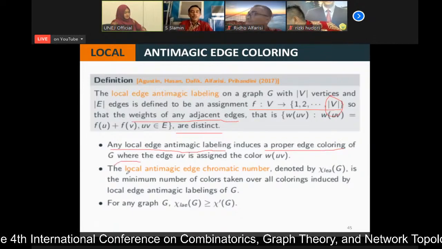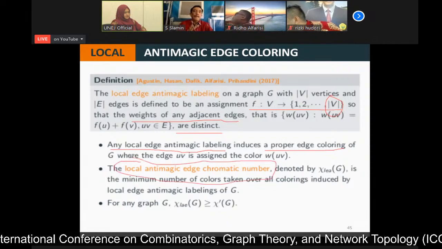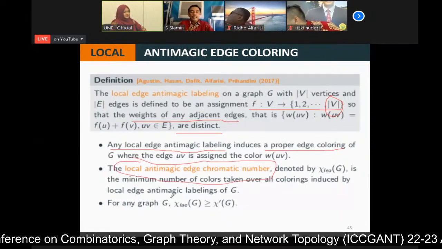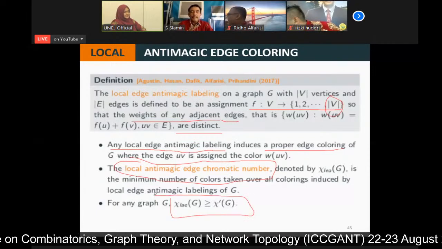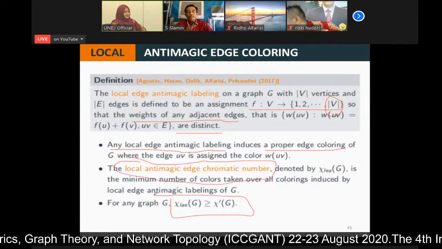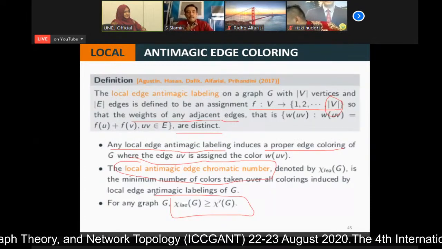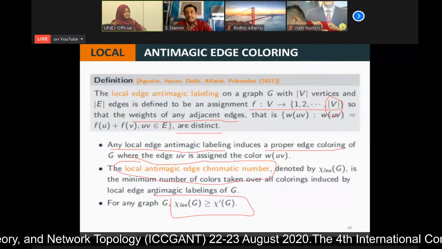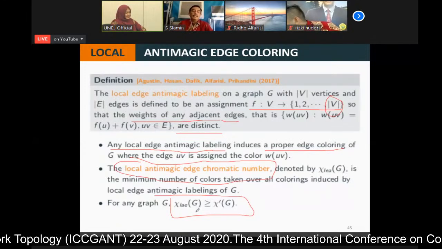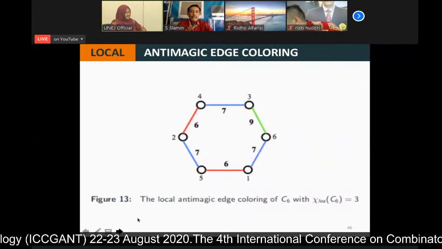And we also have the anti-magic edge chromatic number, and we have the relationship here. Of course, the edge chromatic number of local anti-magic must be greater or equal to the edge chromatic number of G. Okay, this is the example.